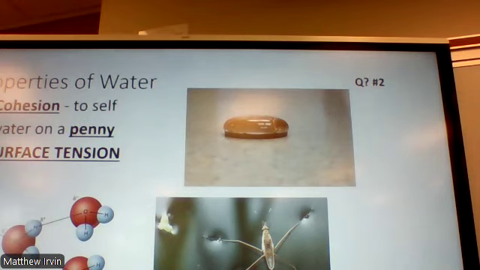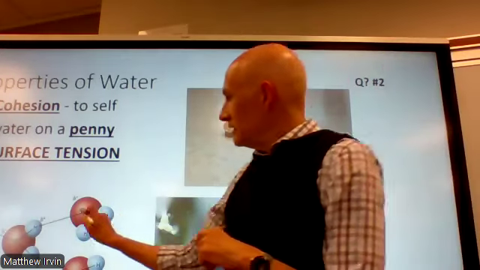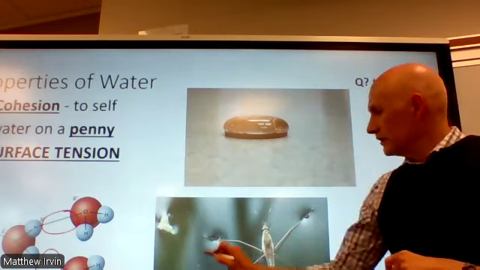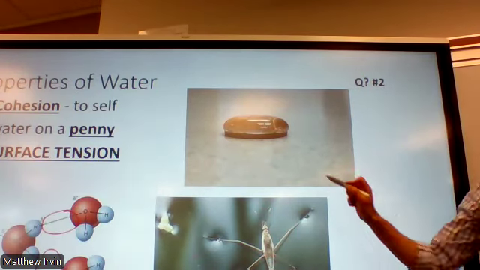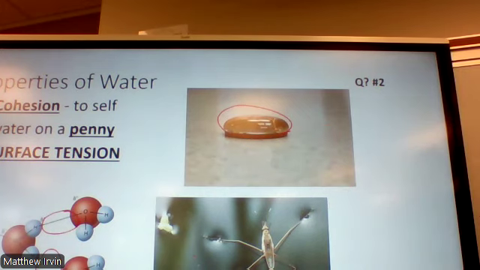Our basic properties of water: cohesion, which is water sticking to itself. So it is these hydrogen bonds between the molecules. That's what gives surface tension on the top of water. That's what creates the big drop of water on the penny. That's why we have water drops in the first place, because the water molecules stick to each other, forming things like raindrops and drops from a dropper.